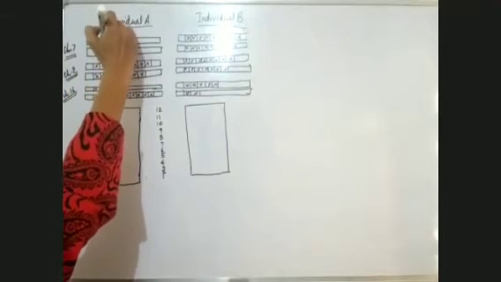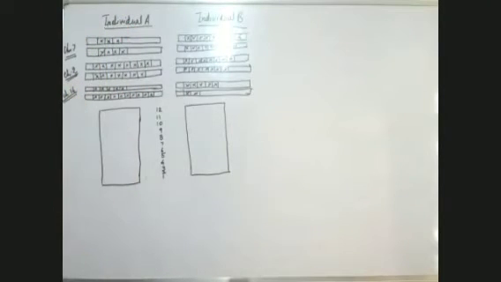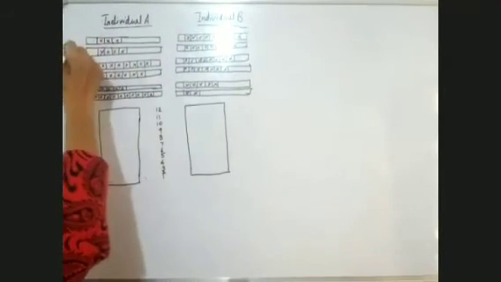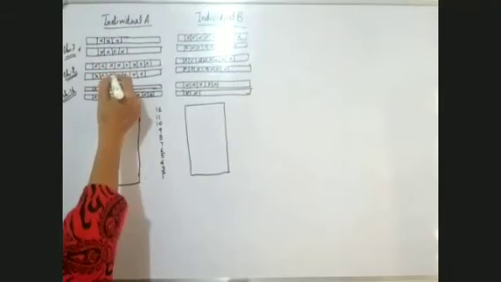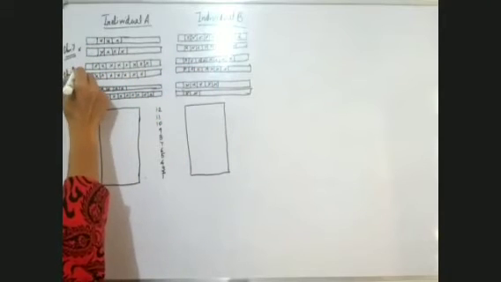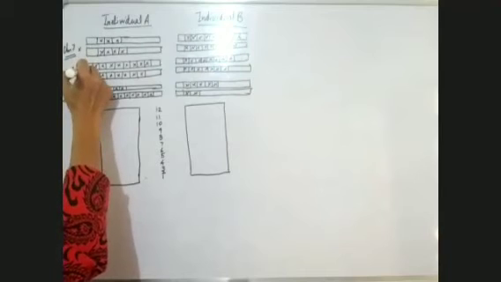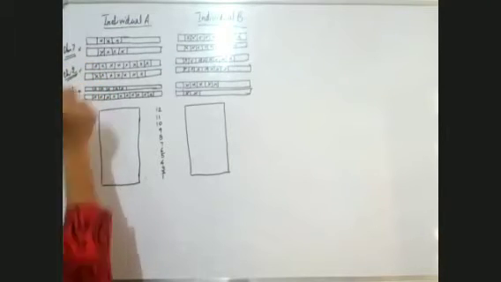Now if we see the first one, I'll represent chromosome 7 by a cross, chromosome 2 by a tick, and chromosome 16 by a dot.